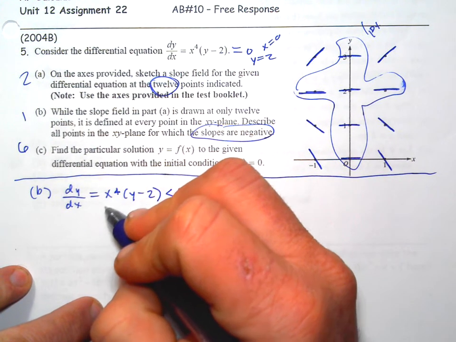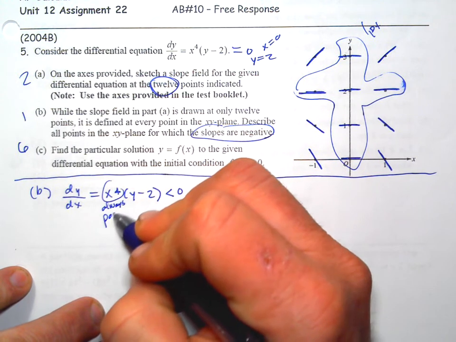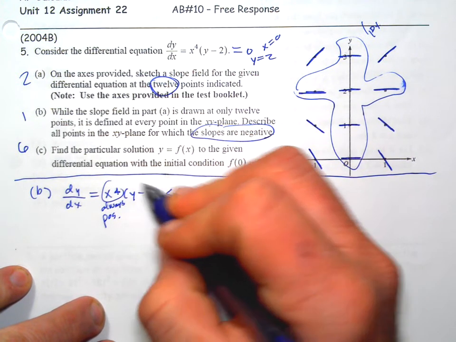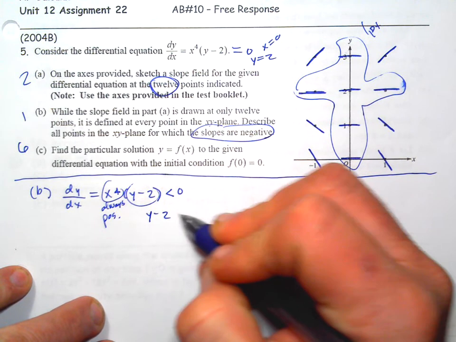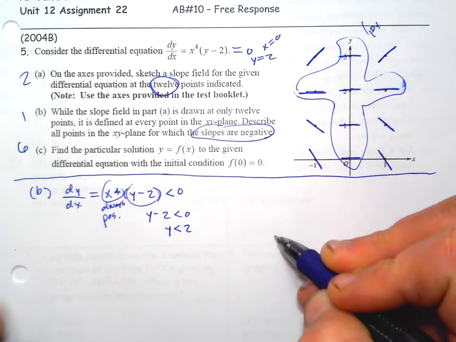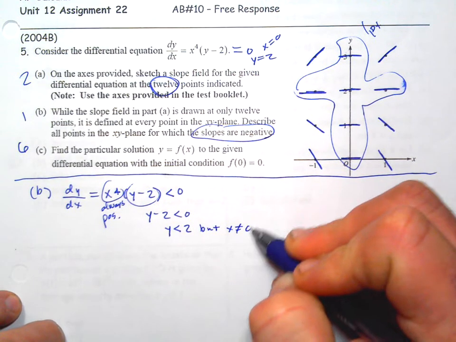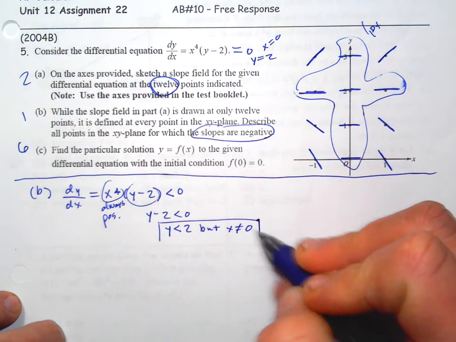So here, this is always positive, right? Except when it's 0, then the whole thing's 0. So this is the thing that we need to make sure is negative. So we could solve it. So y has to be less than 2, but x cannot equal 0. So that's one way you could describe it.